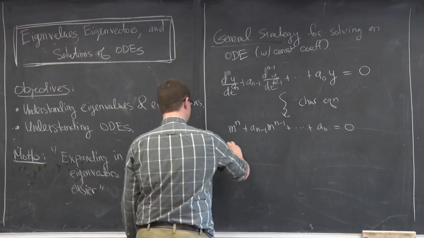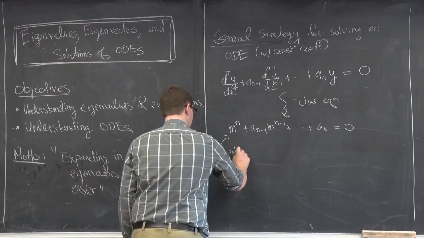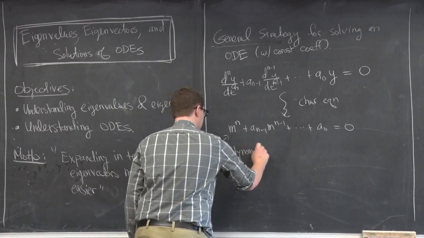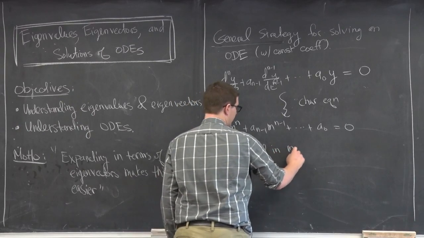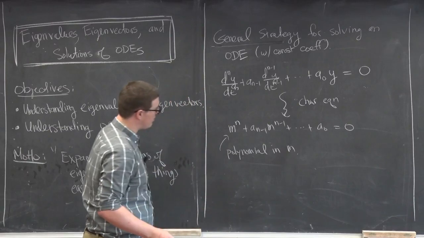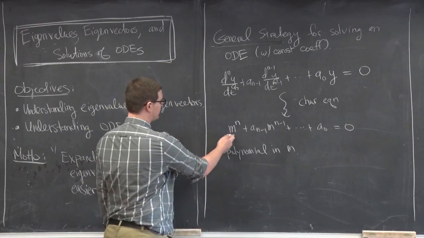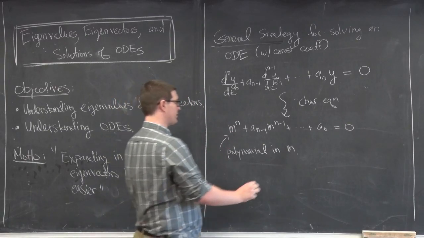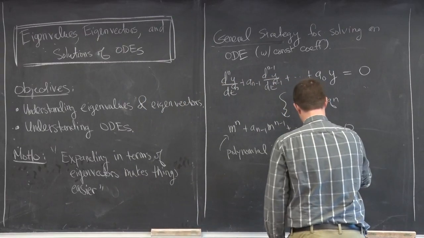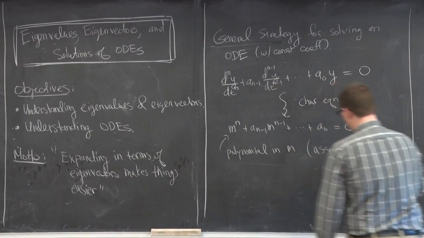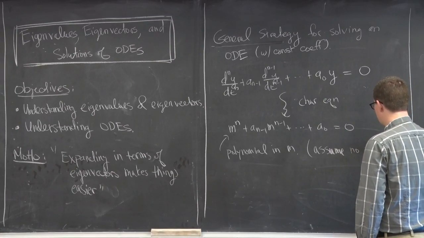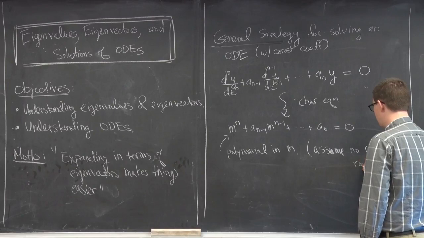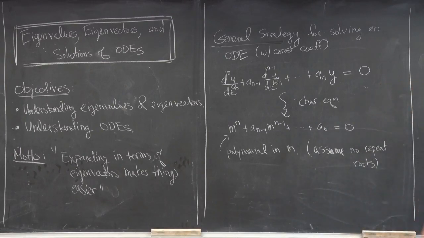So this is a polynomial in m, a degree n polynomial. Sometimes lambda is used here. For simplicity, we'll assume all the roots are distinct, so no repeated roots. We did this before.